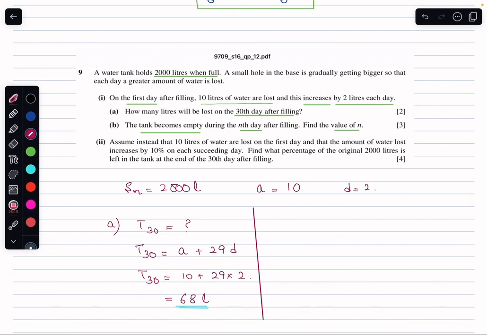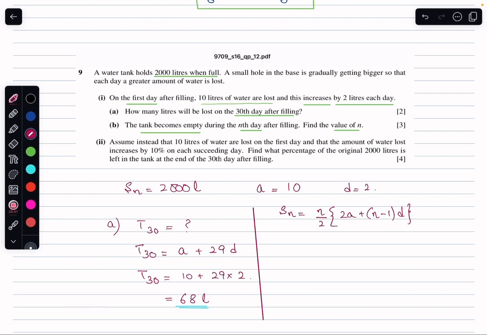After filling, the total volume of the water when it was full was 2000 liters. And this 2000 liters now is going to last for n number of days, and this is the n value which we are supposed to find out. That means I should be using the sum formula n by 2 times (2a plus (n minus 1) times d).